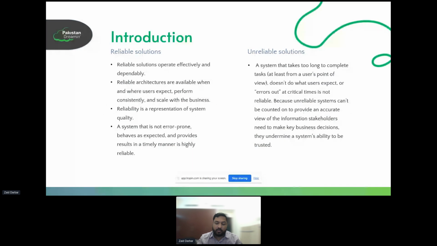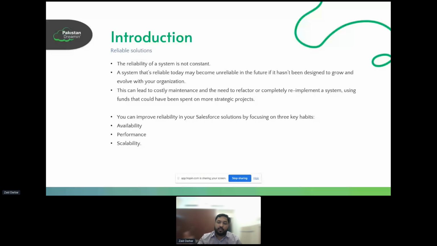Moving forward, why reliable solutions are really important, and the key thing that people tend not to focus on a lot, is that the reliability of a system is not constant. We need to make sure that a system that is performing with a lower volume of data and fewer users will remain reliable in the longer run, when there are more people and more data.